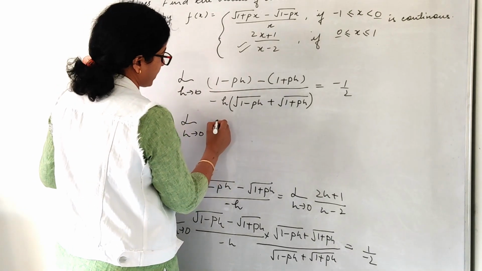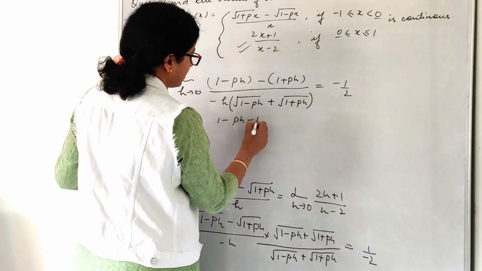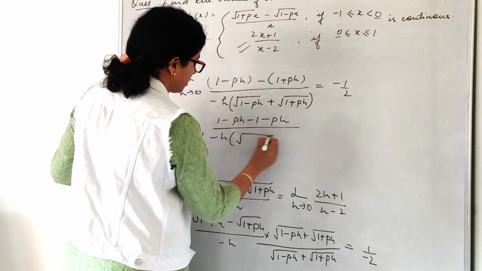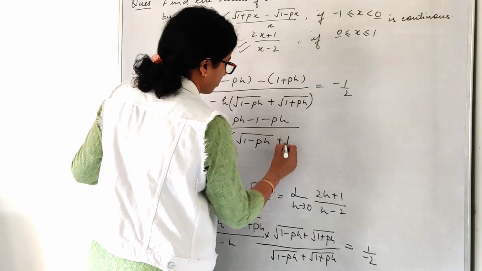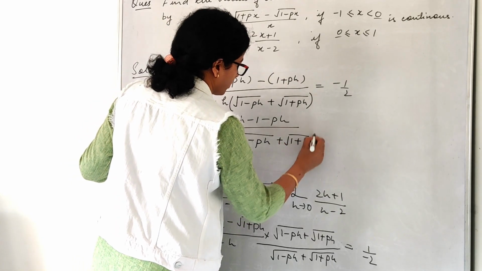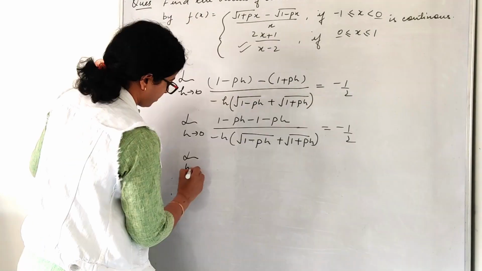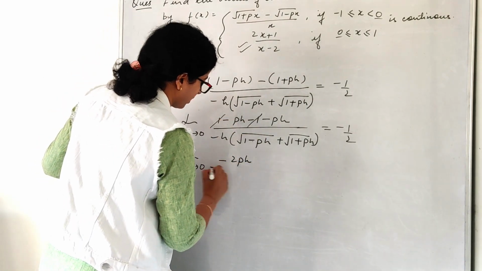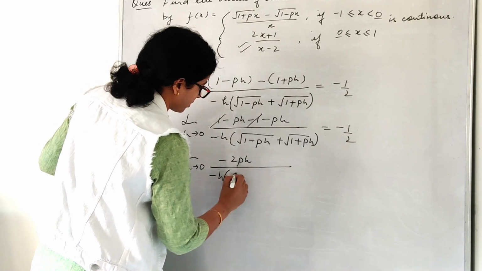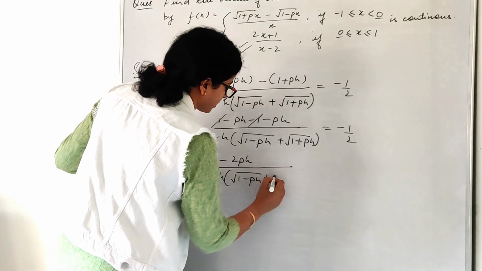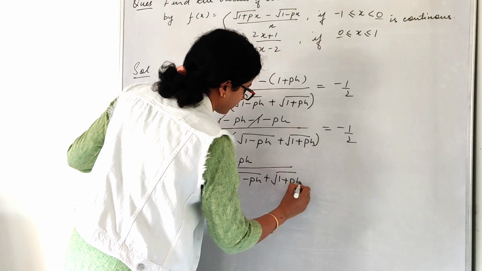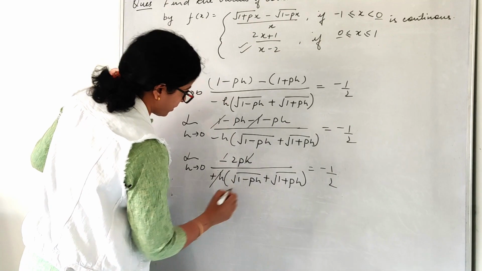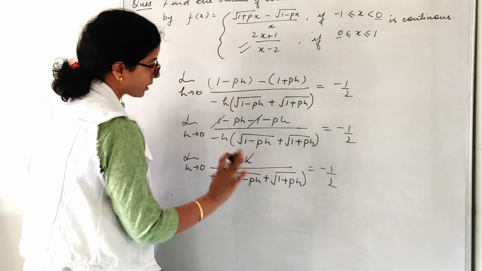If you solve it, 1 minus ph minus 1 minus ph upon minus h times (under root 1 minus ph plus under root 1 plus ph) equals minus half. So now 1 and 1 will get cancelled, minus 2ph upon minus h times (under root 1 minus ph plus under root 1 plus ph) equals minus half. Cancel. So basically if you substitute the limit, now we are not getting 0 upon 0 form.